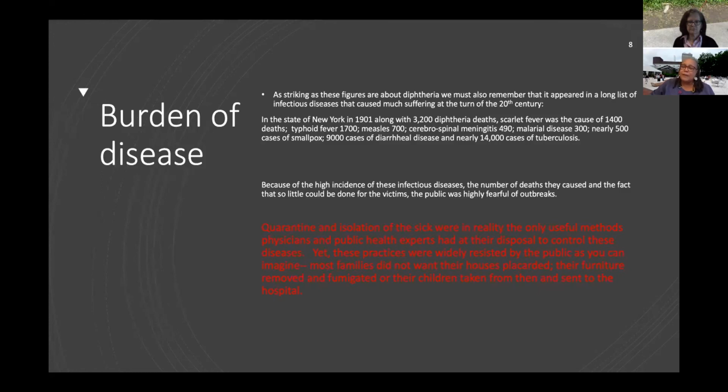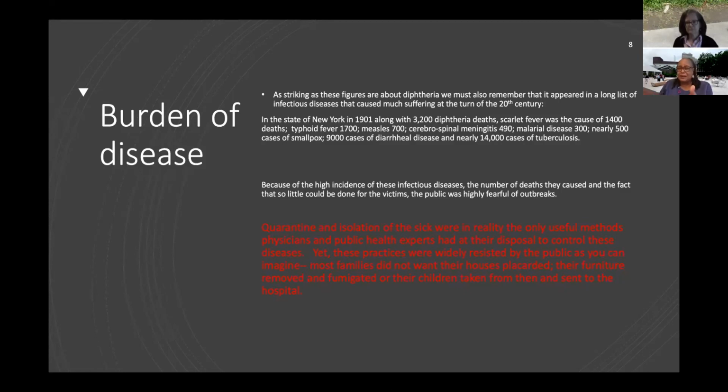So I just want to say a minute about the burden of disease. These striking figures about diphtheria are important, but we also have to remember that in the state of New York alone, there were really serious deaths from scarlet fever, from typhoid, from measles, from meningitis, from malarial diseases. We still had smallpox. And there were 9,000 cases of diarrheal diseases, which had to do with the bad water, food, et cetera.